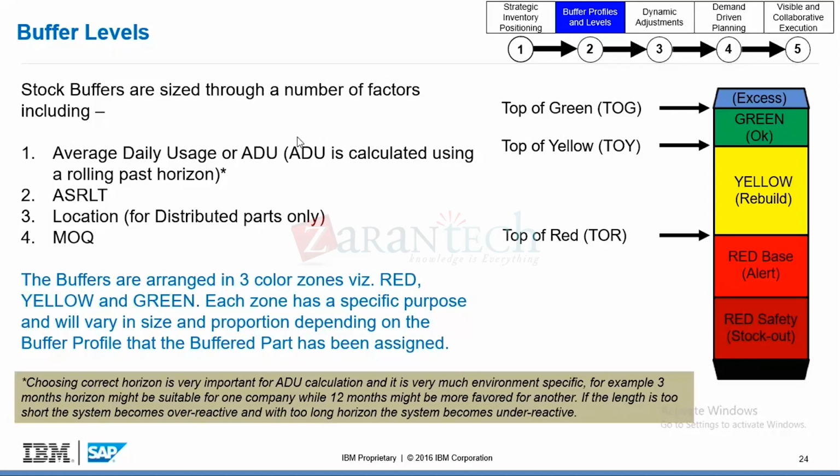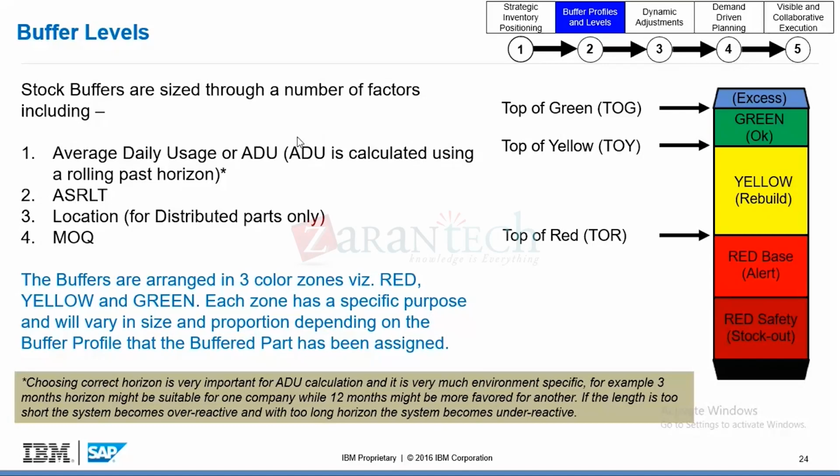No stock. Now, the objective is to increase the width of the green zone to an optimum level. At the same time, there should not be excess. Or we have to optimize also the width of the yellow zone. To do that, some factors are considered.